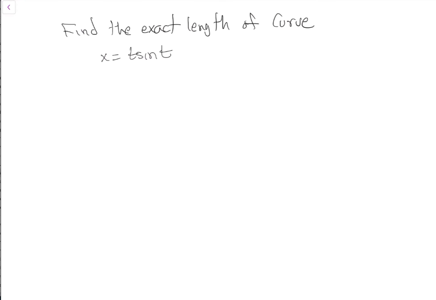Let's take a look at a quick example on how we would apply our arc length formula. So let's say we want to find the exact length of the curve x equals t sine t, y equals t cosine t from 0 to 1.